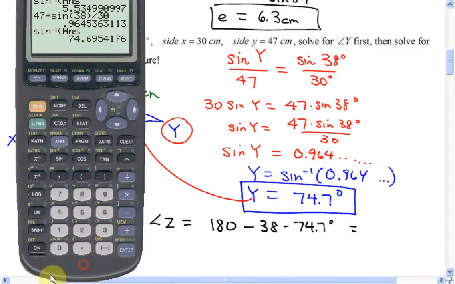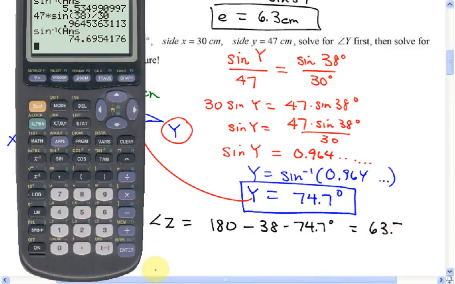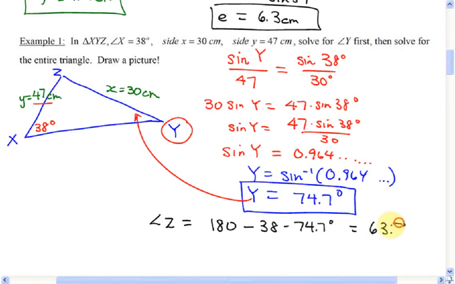Let's see what you get. 63.7? 63.3, isn't it? 67.3? Yeah, 67.3. Okay.